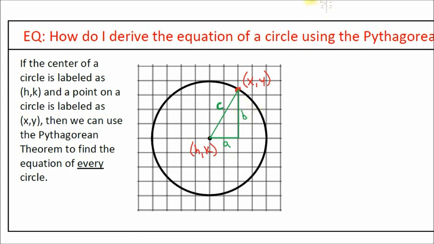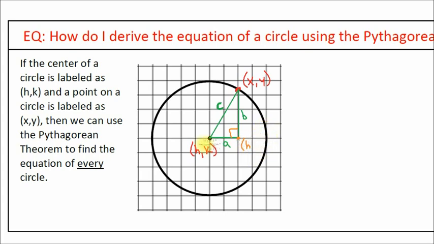Now here's the tricky part that threw me off when I was in high school, so hopefully you get this. If our center is at (h, k), think about this point right here, the right angle of the triangle.